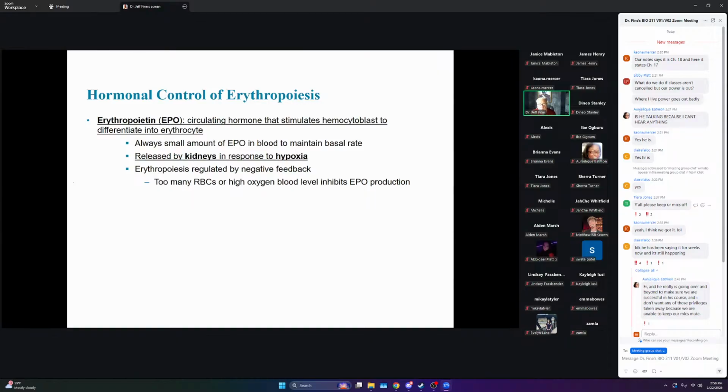When that erythropoietin arrives on the scene, it's going to steer those hemocytoblasts into becoming erythrocytes to increase the volume of red blood cells. Once those red blood cells grow in number, we have better oxygen consumption and utilization within the body. And then the kidneys will stop releasing erythropoietin because there's now a normal number of oxygen carrying erythrocytes again.